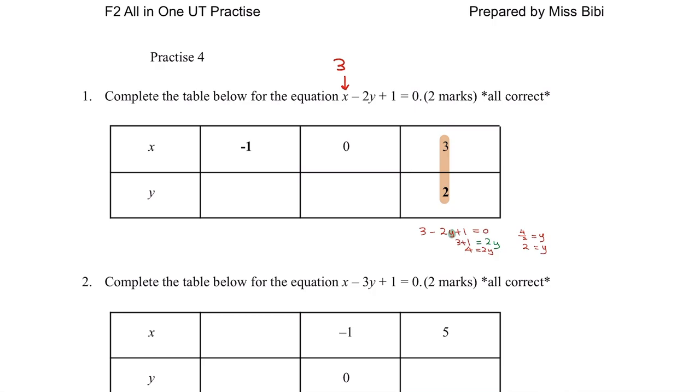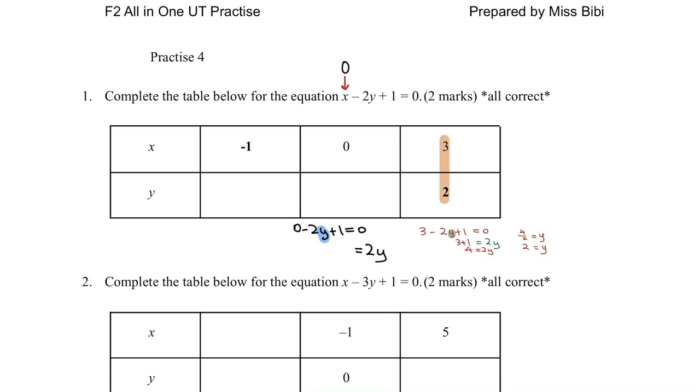Here you're given that x is 0 now. So I replace the x here by 0. Okay? So it's 0 minus 2y plus 1 equals 0. Then I have to check the unknown that I have to find. This y, right? The number next to it is a negative number. So I have to move it to the other side.